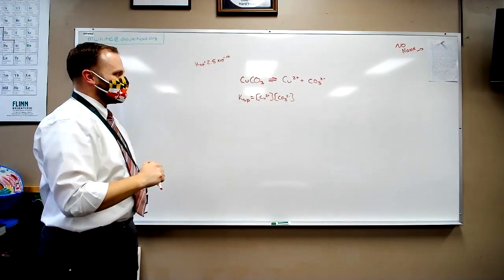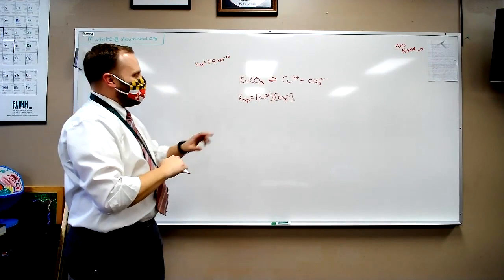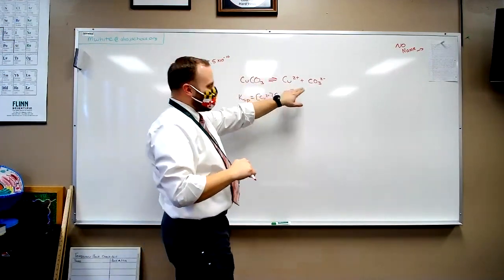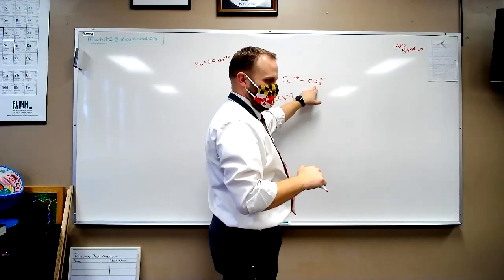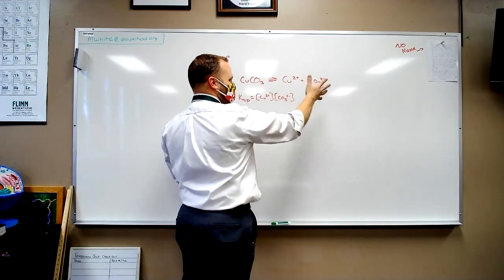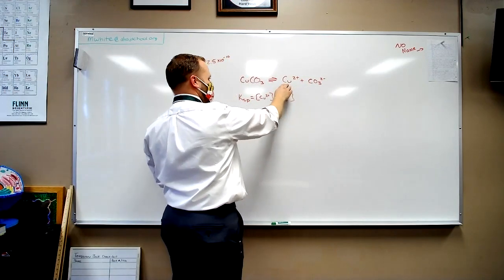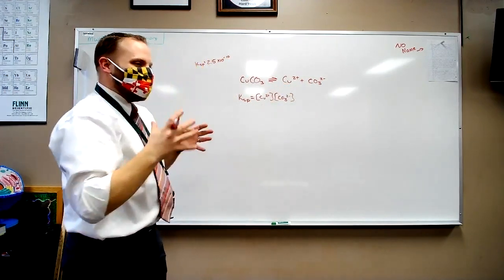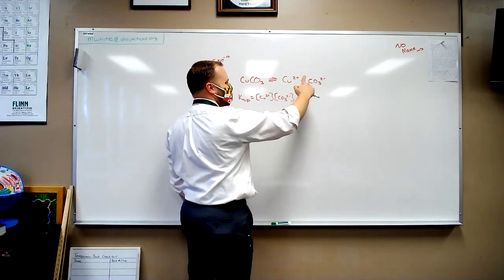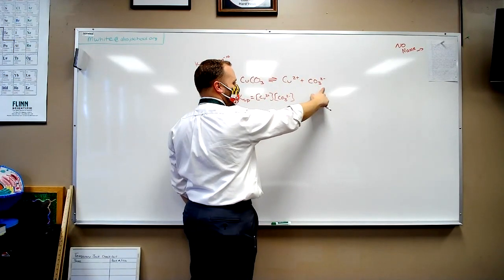Well, the trick is, if you look at this, every time I get a copper ion, I'm going to get a carbonate ion as well. Every time I get one of these, I get one of these, and it's the same going the other way. I cannot get one of these without getting one of these. And what that tells us is the number of copper ions is the same as the number of carbonate ions.